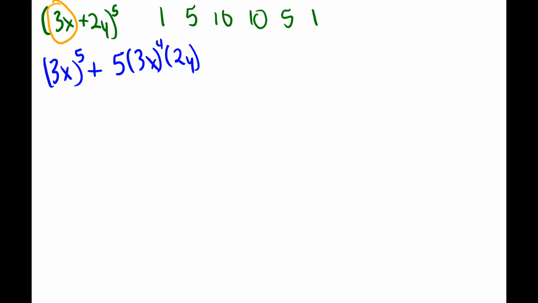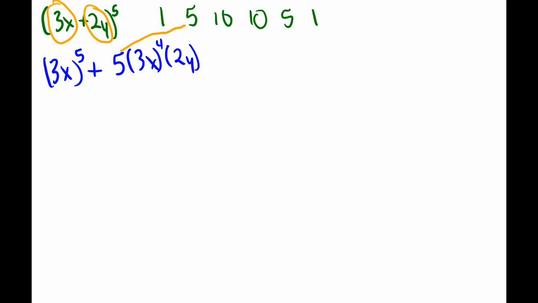Now you can see I'm getting my 5 from here. I'll be doing that each one down the line. My first variable, 3x, I'm writing in descending order. My 2y, I'm writing in ascending order.